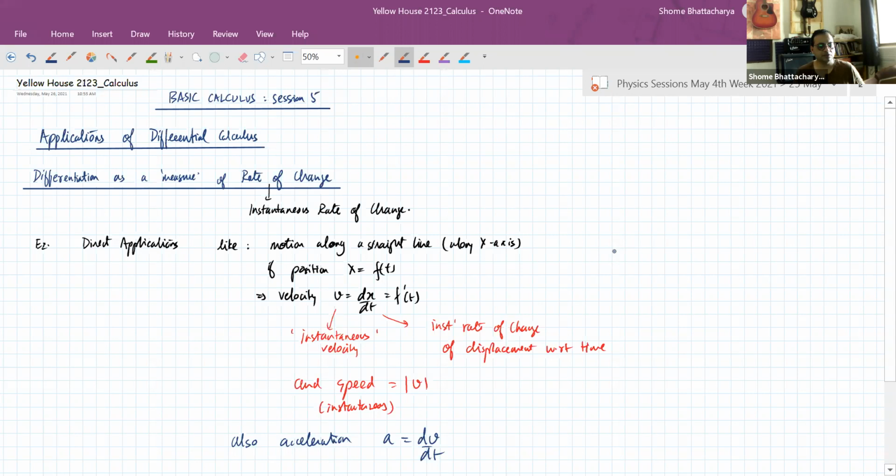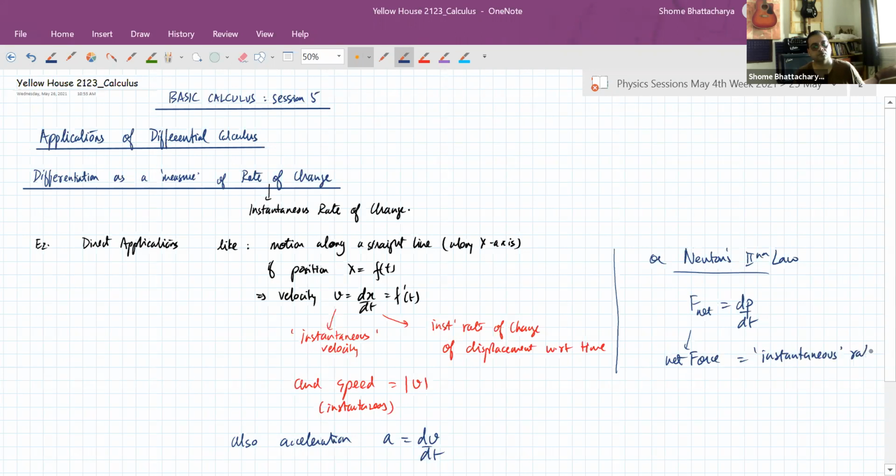Or another example could be Newton's second law. The net force acting on a body is equal to the instantaneous rate of change of momentum with respect to time.